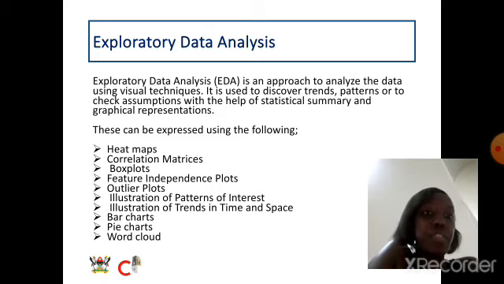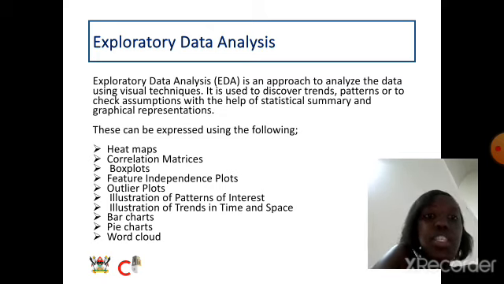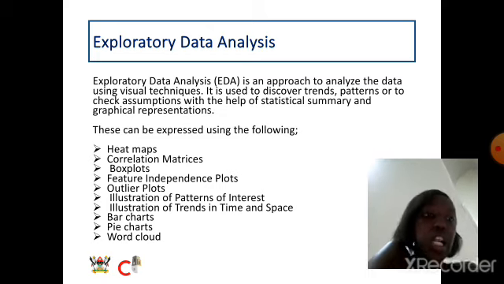We can talk about graphic representations like heat maps, correlation matrices, box plots, feature independence plots, outlier plots, illustration of patterns of interest, illustration of trends in time and space, bar charts, pie charts, and a word cloud.